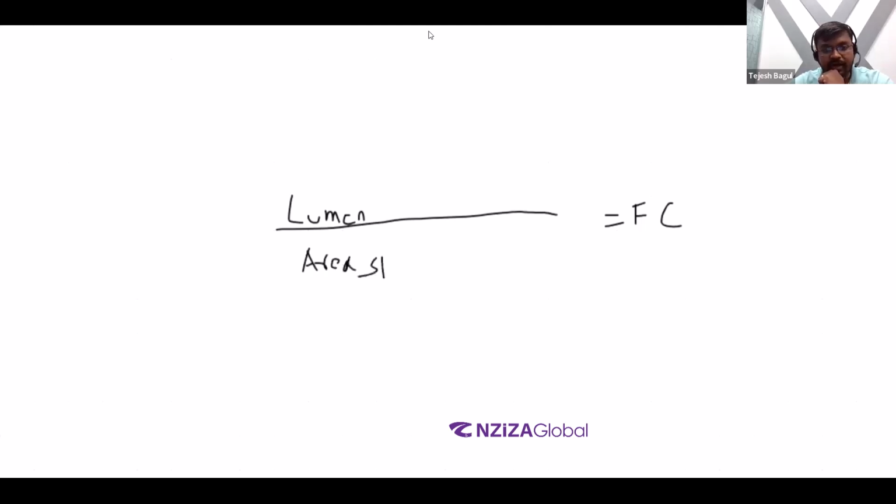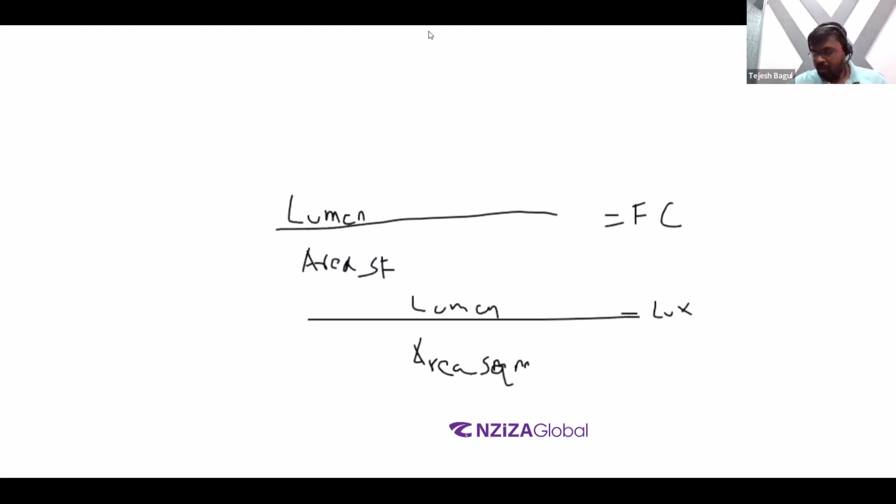In case you require the number in lux, the formula will be the lumen divided by the area in square meter. Please note that there is one more component in this equation that comes into the picture.